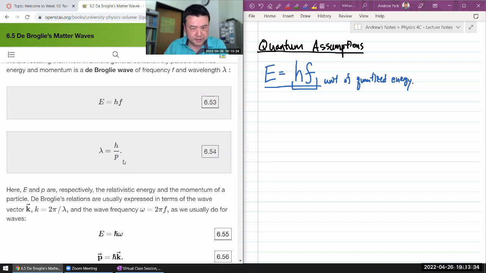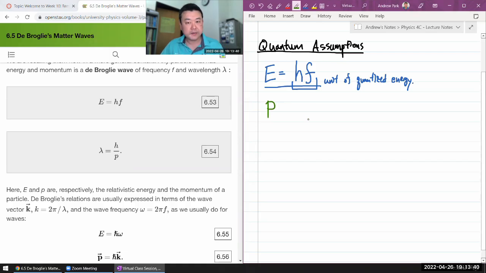I'm going to write this in a slightly different way, relating the momentum of something like light or a particle to its wavelength: momentum is Planck's constant divided by wavelength.